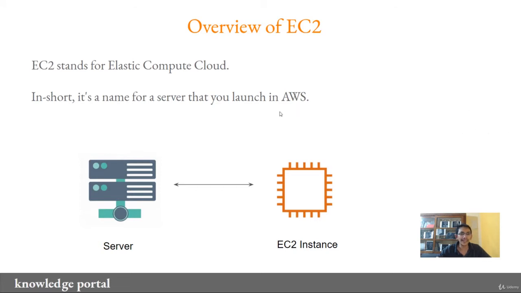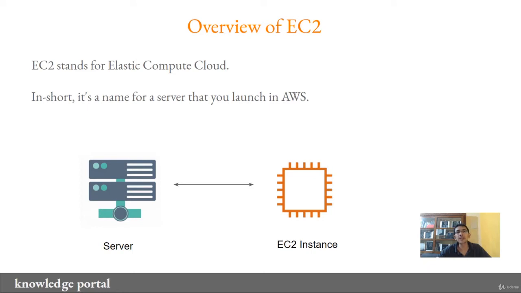Now, one interesting thing here is this first part called Elastic. If you have gone through our video on Elastic, you would know what exactly elasticity means, and that is the power of AWS as well. The reason why it is called Elastic is because the size of the server can vary. So let's say that today you create a server of 2 GB RAM.